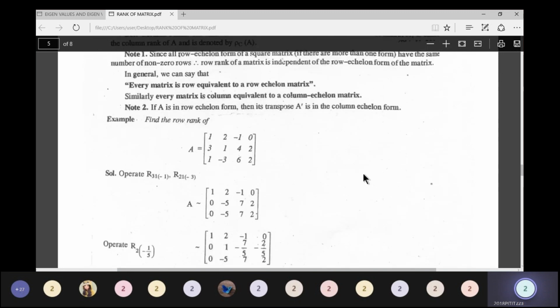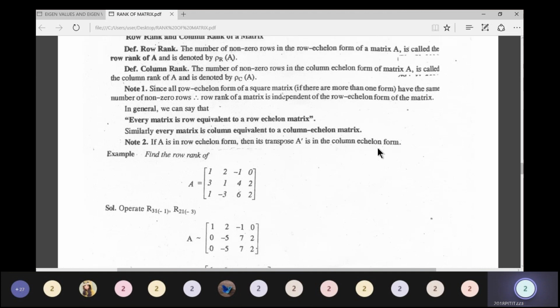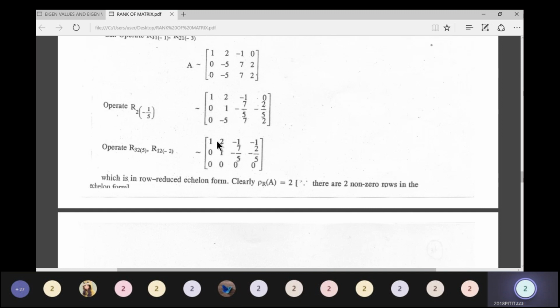Suppose I take the transpose, then its transpose is in the column echelon form. A is in row echelon form. Transpose, what will happen? See.